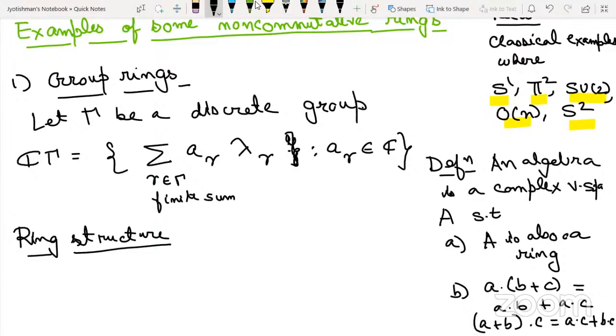In order to define a ring structure, it's enough to define it on these lambda_gammas. So I need to define lambda_gamma times lambda_gamma prime. I will simply define it by lambda_(gamma·gamma prime), but this dot is the group multiplication.